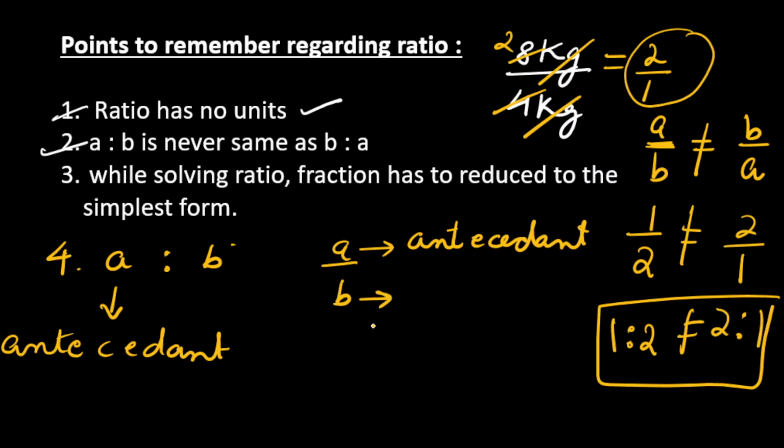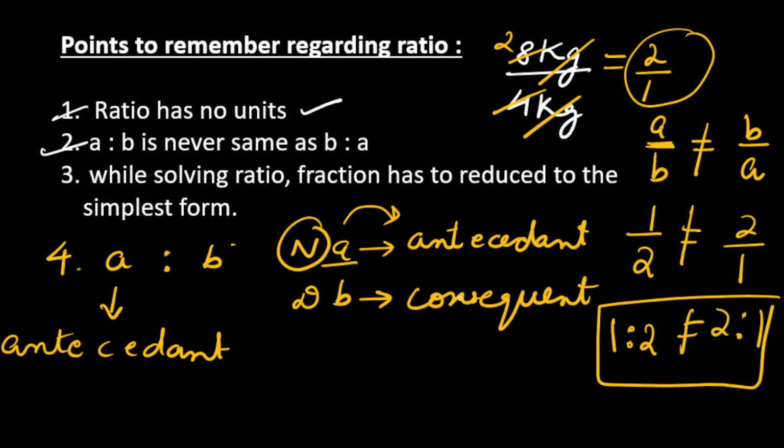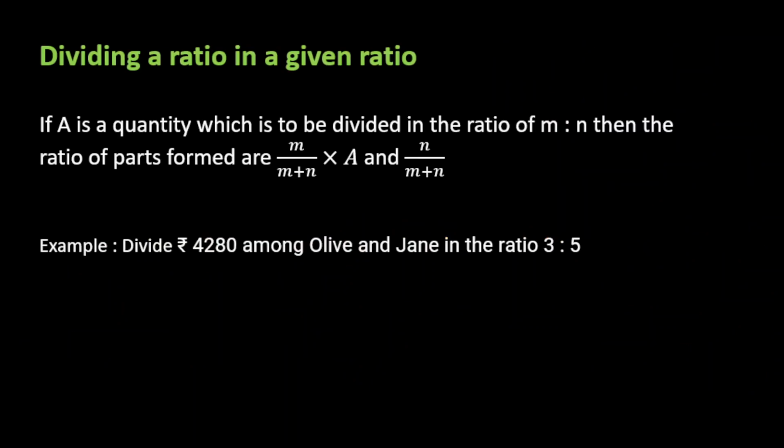And the name of the denominator is consequent. So these are just names, like numerator and denominator. In case of ratio, particularly because we are dealing with the simplest form, the other name of numerator is antecedent and the other name of denominator is consequent.